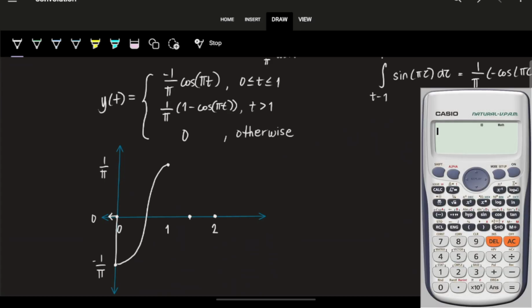Okay, so we have here our calculator na. So let's plot our function muna. So that's 1 over pi. Then we have 1 minus cosine of pi. Oh, sorry. Let's first change to radian, of course. So pi x, kasi we are going to simulate sa different values of x. So calc lang muna natin when x is 1.5. Di pala siya 0, we have a certain value.